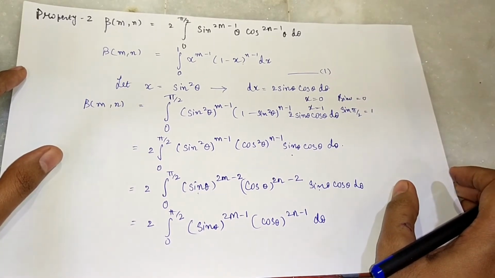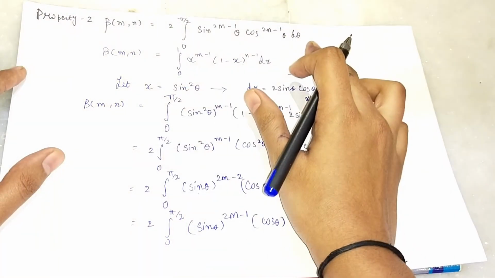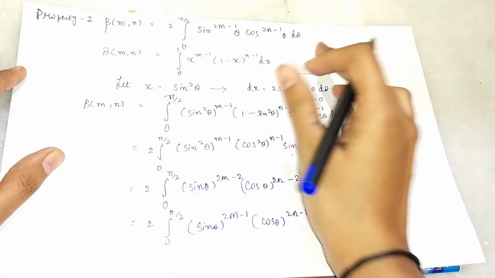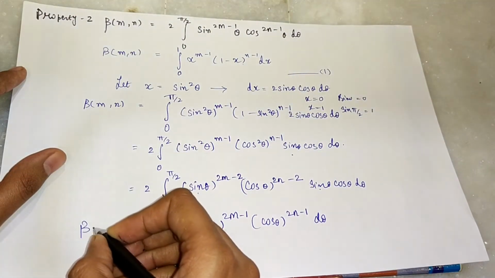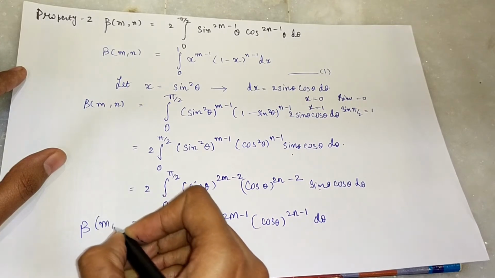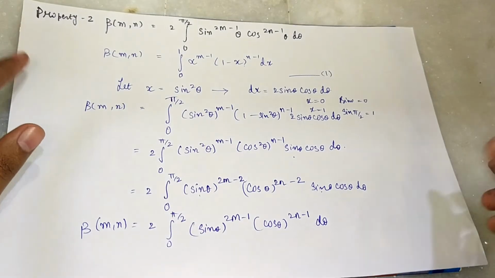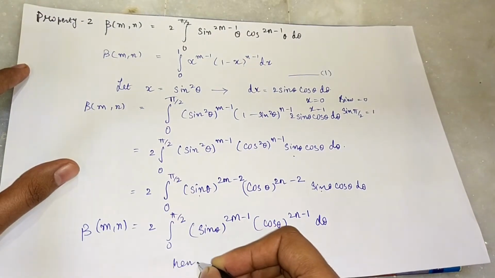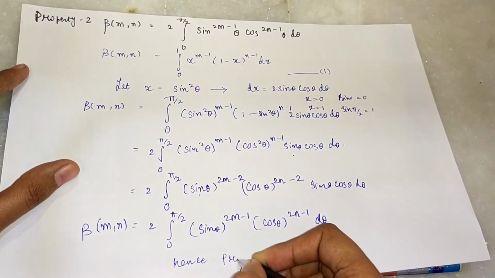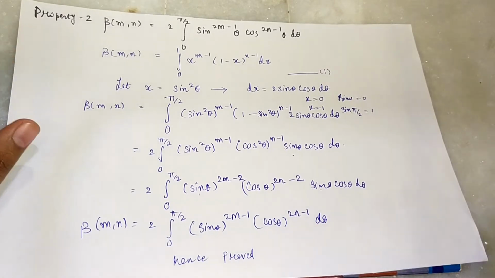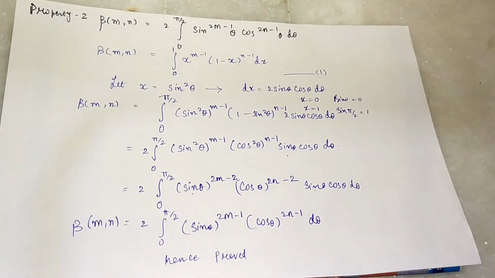And hence we got property number 2. So we proved that beta m comma n is equal to this value, and hence proved. This is property 2 of the beta function.